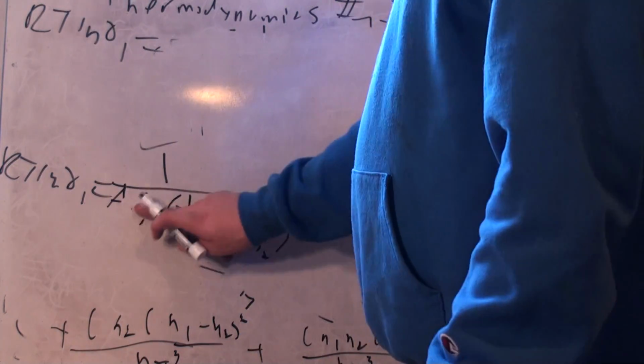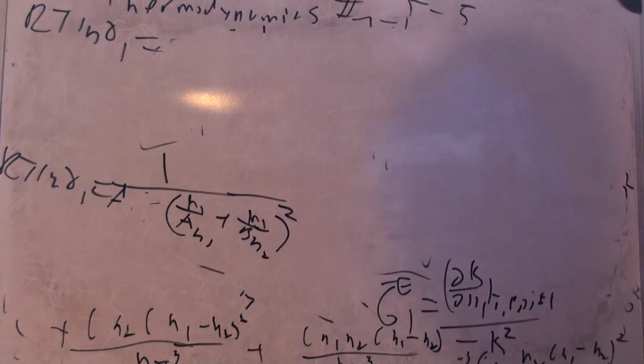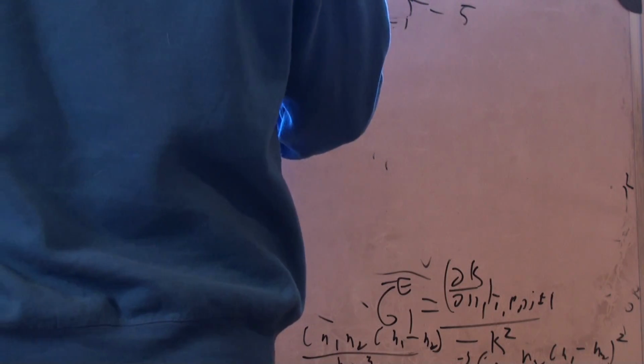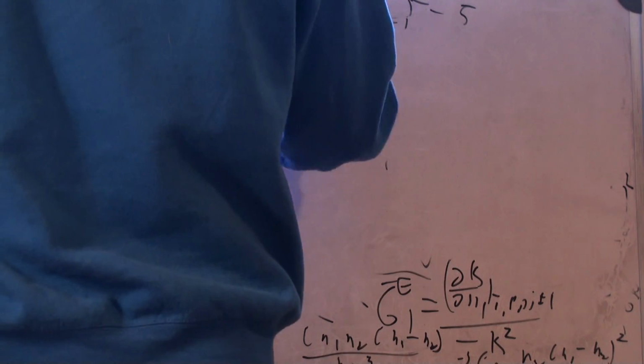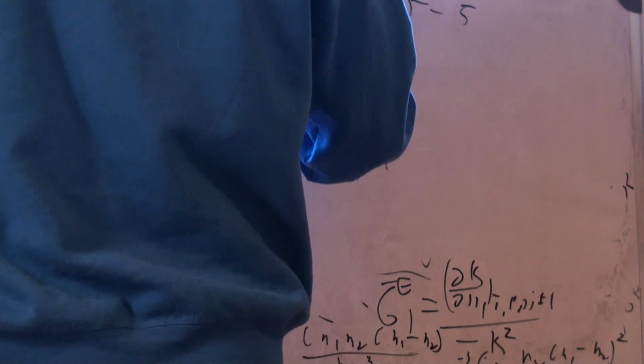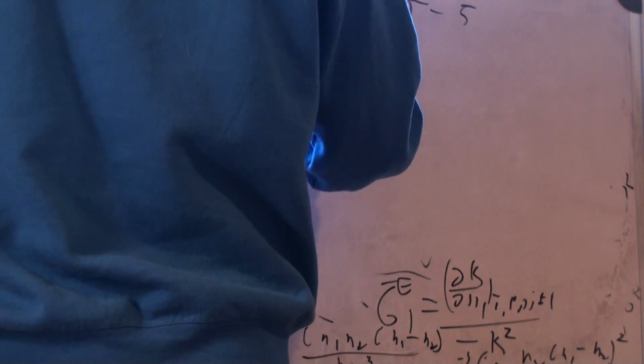So when I do that, this becomes n1, this becomes n1. So this is going to equal 1 over a times 1 over a plus x1 over x2 b, quantity squared.